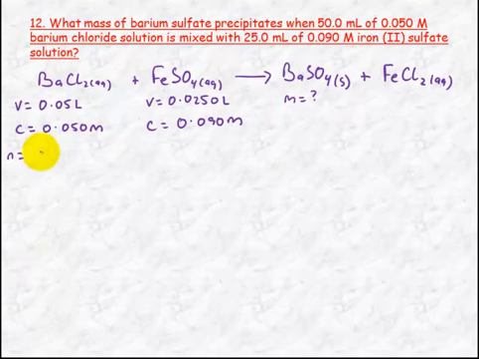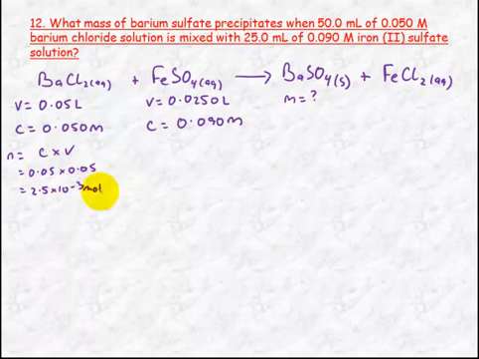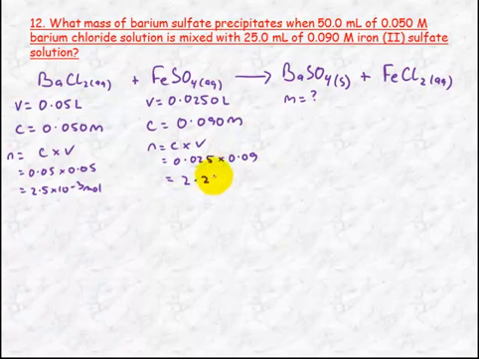Number of mole equals C times V, which equals 0.05 times 0.05, which equals 2.5 by 10 to the negative 3 mole. N equals C times V, which equals 0.025 times 0.09, which equals 2.25 by 10 to the negative 3.